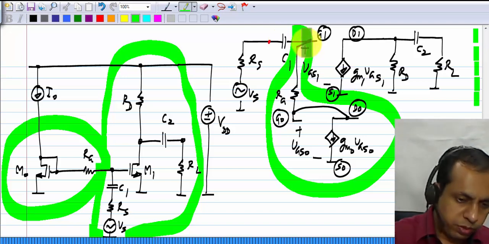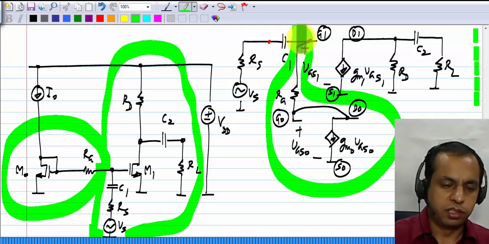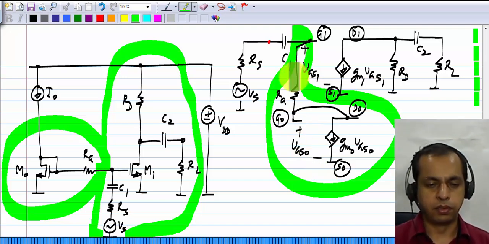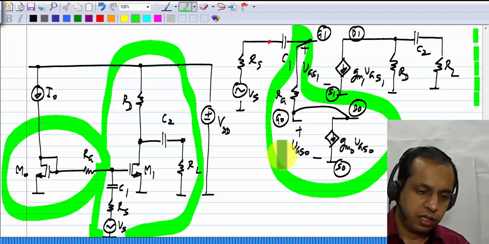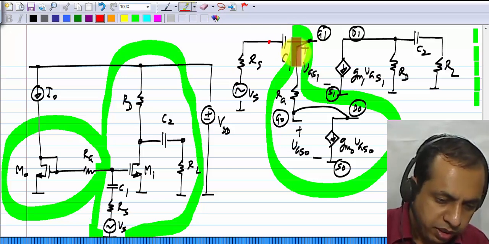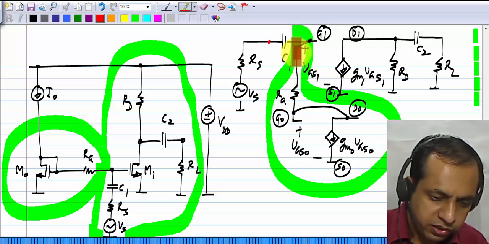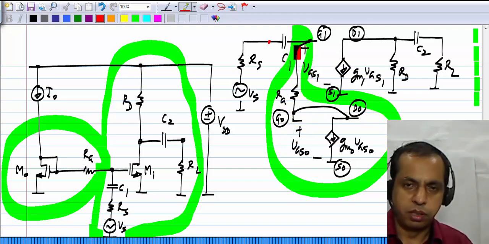What we have is this part, this RG in series with something that's connected to the gate of the transistor. So let's examine this to see what it looks like. That is, we want to find the incremental equivalent of this part between gate 1 and ground, through this RG in series with this whole component.